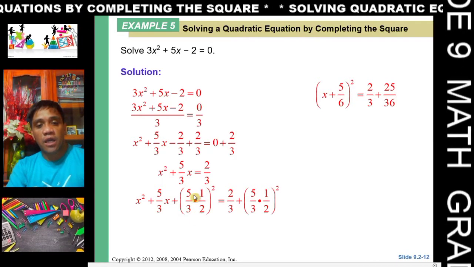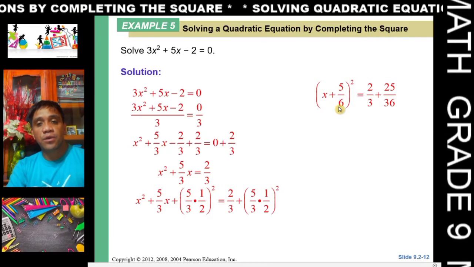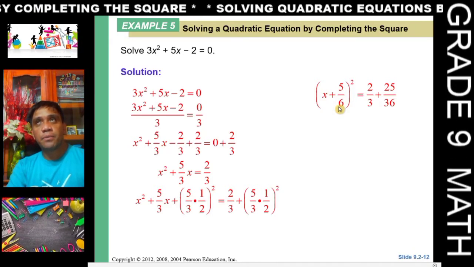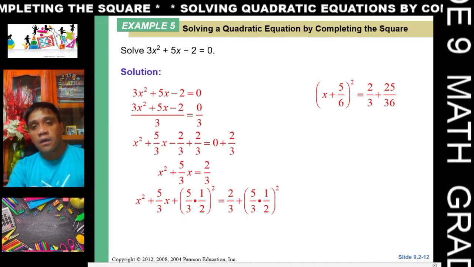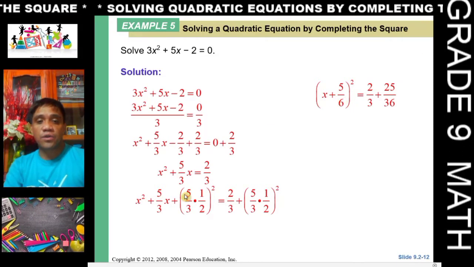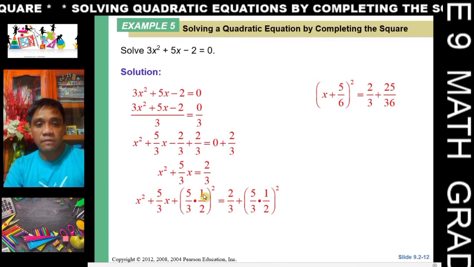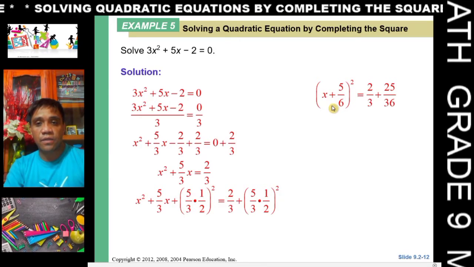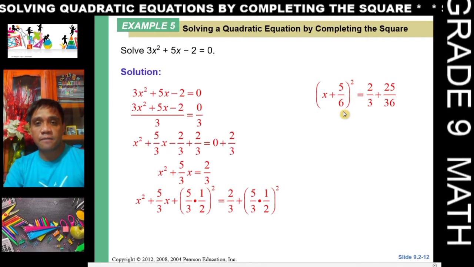Whatever the half is the term we put in the binomial, as we take its factor. Since 5 times 1 is 5, 3 times 2 is 6, that is why 5 over 6.